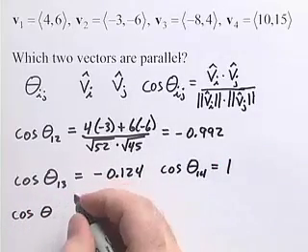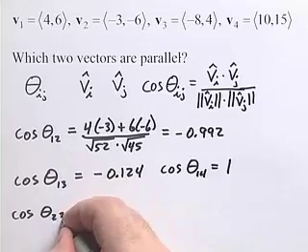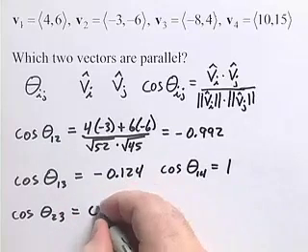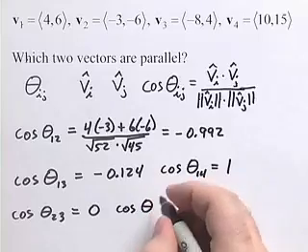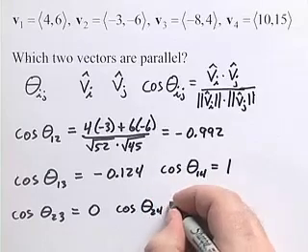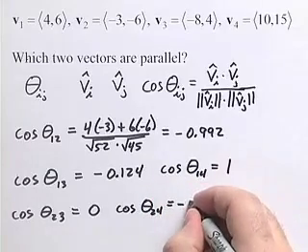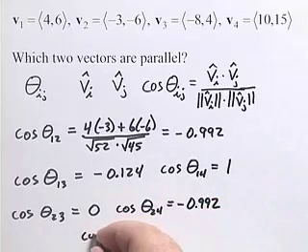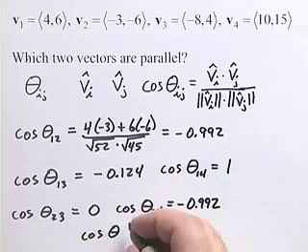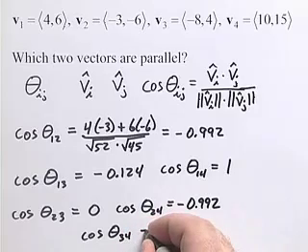Cosine of theta for vectors 2 and 3 turns out to be 0. The cosine of theta for vectors 2 and 4 turns out to be negative 0.992.